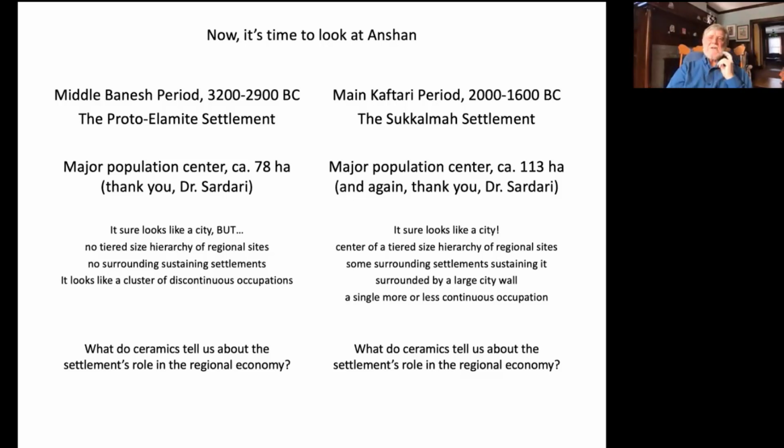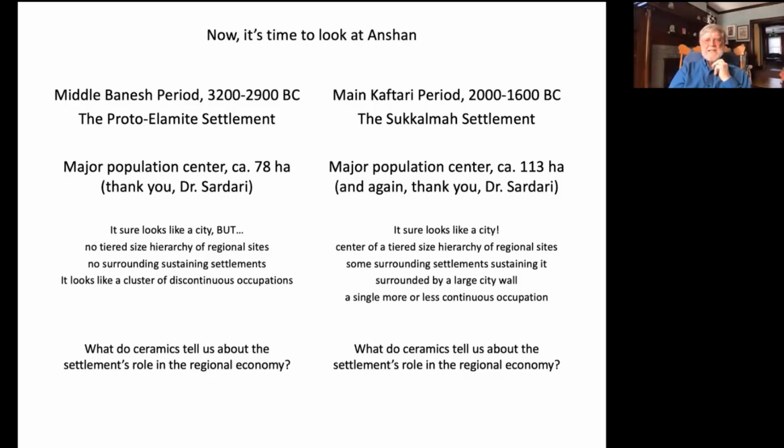In the main Kaftari period, about 2000 to 1600 BC, what we could call the Sukkalmah settlement, this is, again, a major population center. According to new estimates, about 113 hectares, so significantly bigger than the Banesh city.